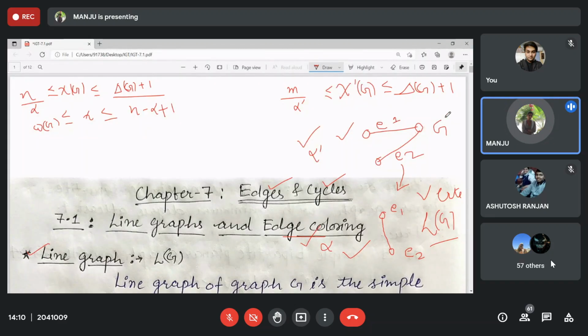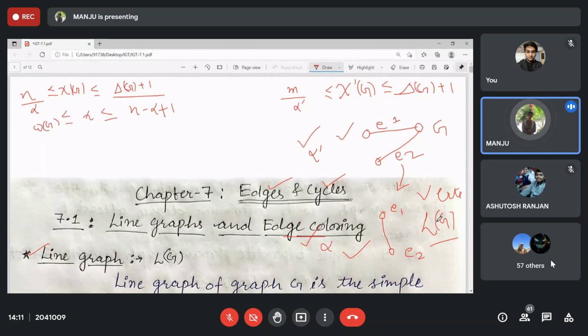Similarly, if this graph contains a Eulerian circuit, that means a circuit that contains all the edges of G, then this graph will contain a spanning cycle. A spanning cycle means all the vertices are there, and a cycle contains all the vertices.